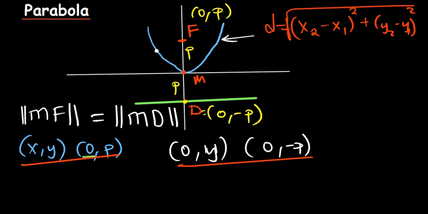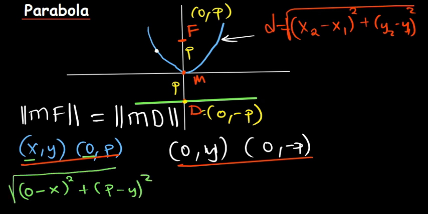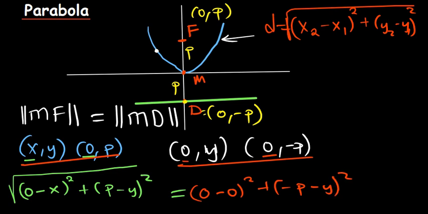We've got 0 there, we've got x, so that will be (0 minus x) squared plus (p minus y) squared. Now the square root of that should be equal to, on the other side, (0 minus 0) squared, which is just nothing, and then going to the y, (negative p minus y) squared.